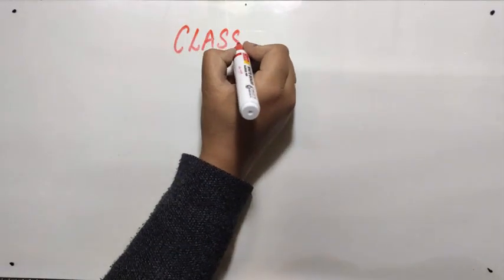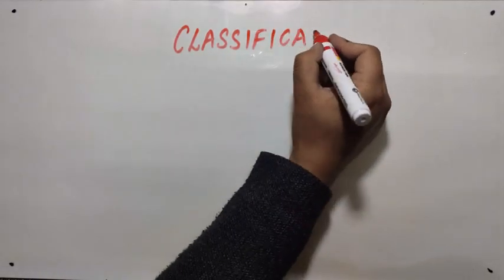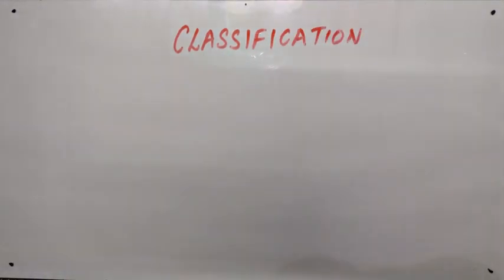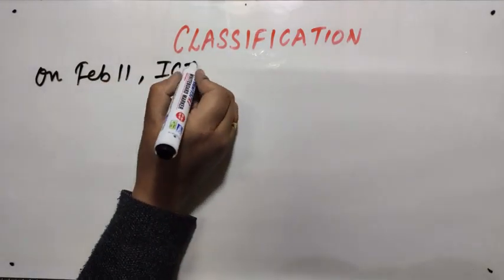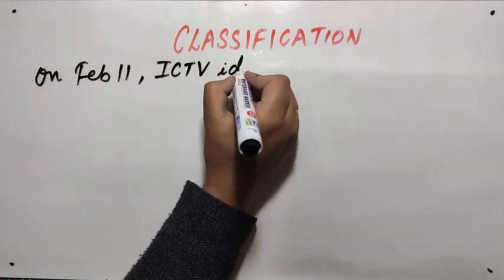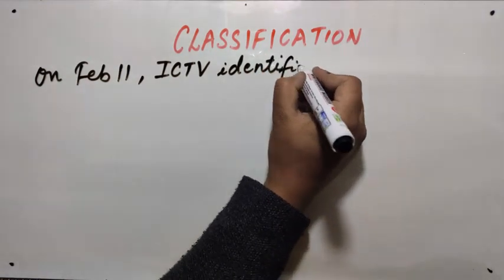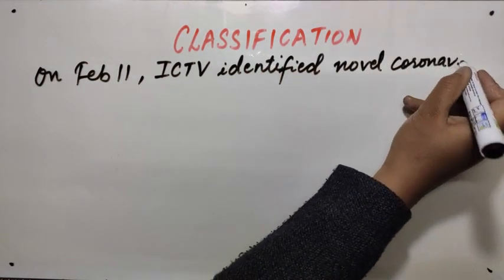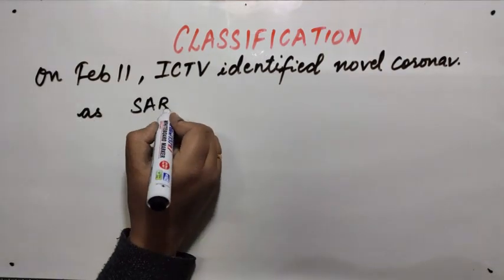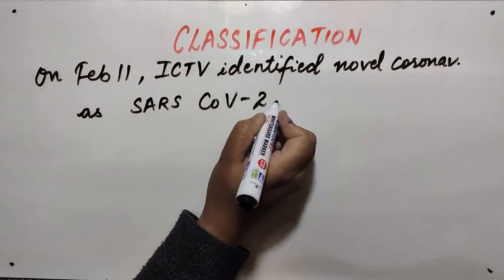Classification. On February 11, International Committee on Taxonomy of Viruses have identified novel coronavirus as severe acute respiratory syndrome coronavirus 2.